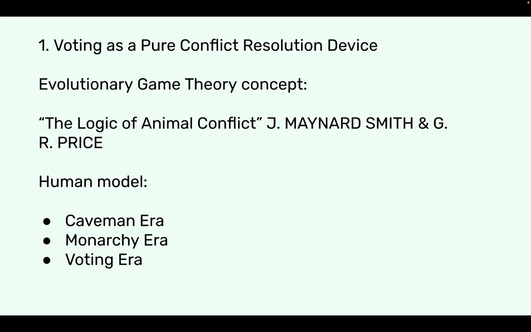So for humans in particular, in terms of electing the next alpha leader in groups, we can say that we had three eras. The first era is very similar to what I described in apes. It's the Caveman Era, say Homo erectus, or Neanderthals, or archaic Homo sapiens. We were groups of 50 to 150 individuals.